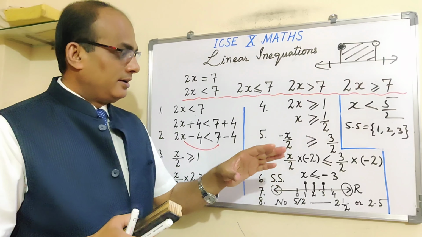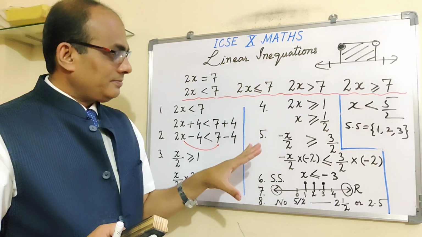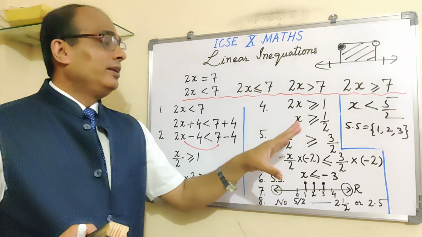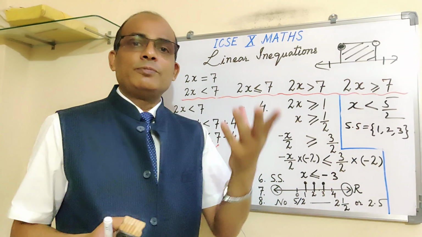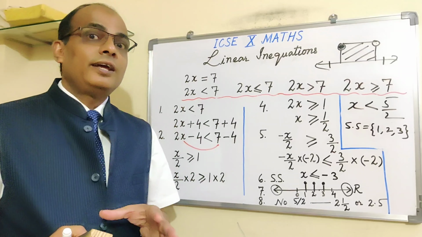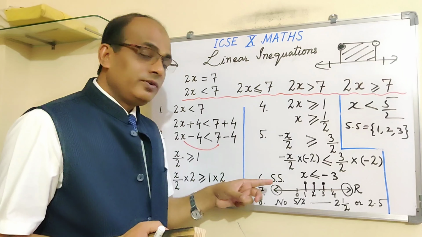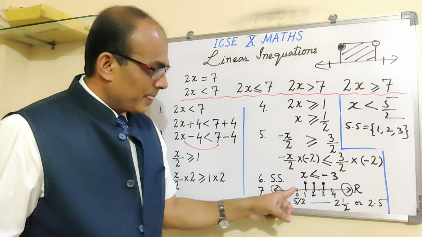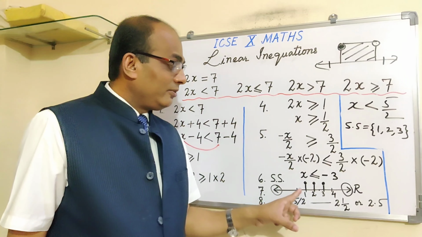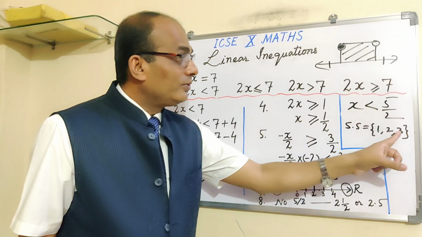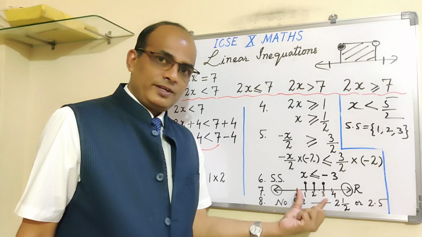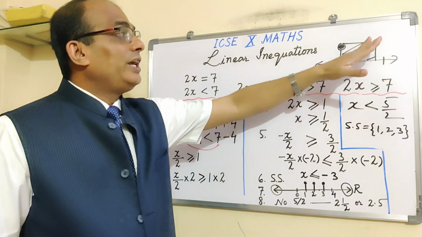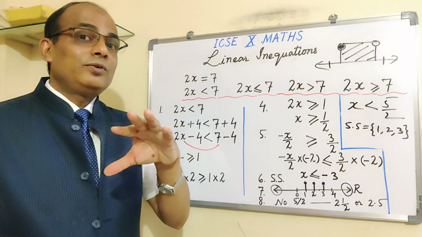I think a detailed explanation is required for this: what happens when x belongs to R, how to represent the solution set on the number line, and how to represent it when x belongs to other than R. In that case, you list the solution like 1, 2, 3, and then you represent it here. When x belongs to R, you shade the entire region, but you have to see many things.